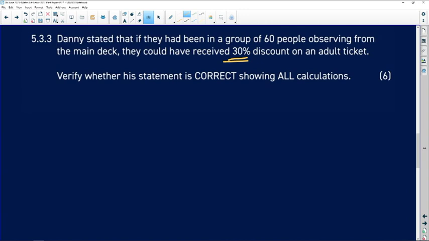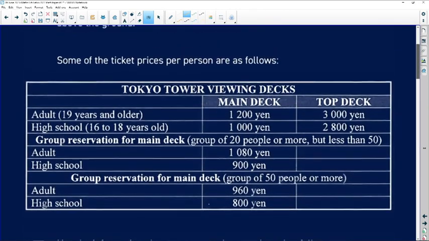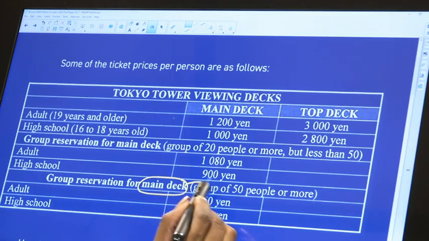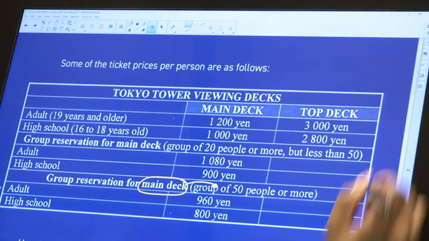We need to go and see what the information is in terms of discounts. So there's the main deck. And then it says group of 50 people or more. Did he even say whether it's adults or not? We are not sure, but we are going to assume it's adults.